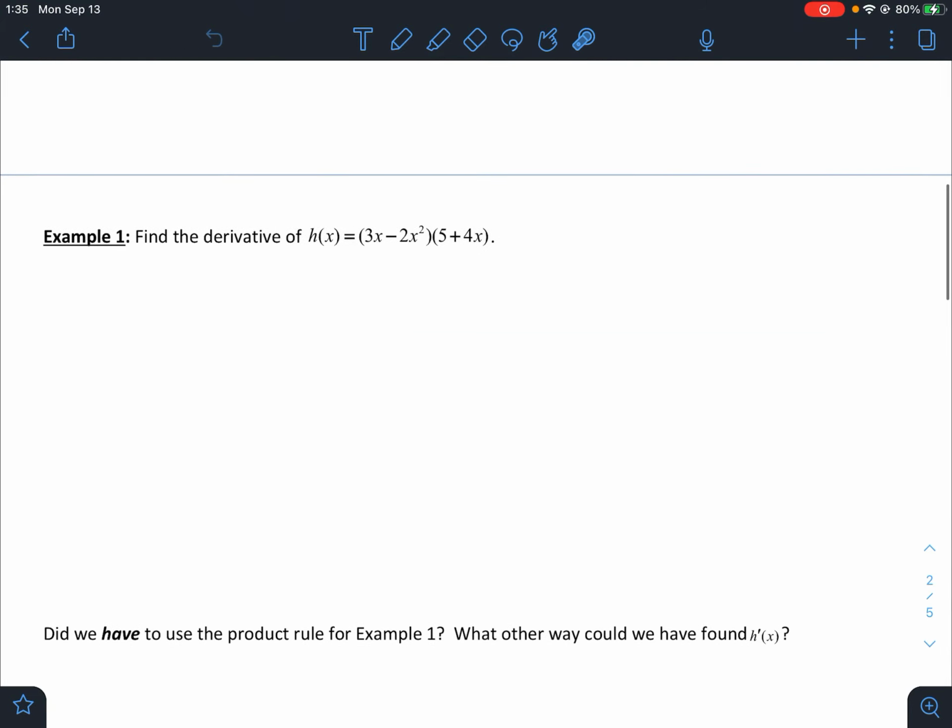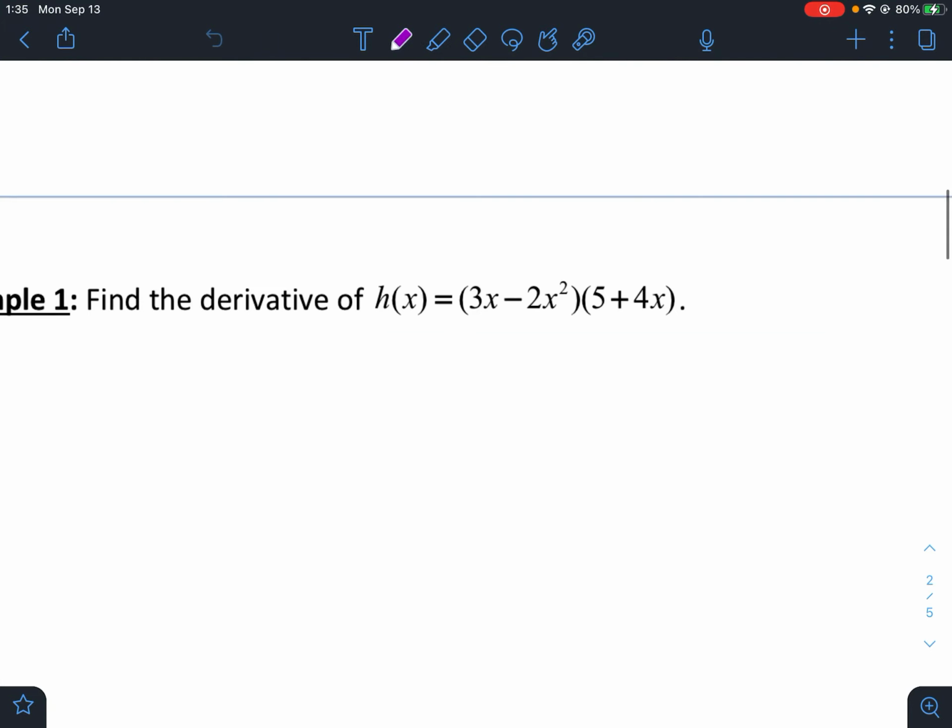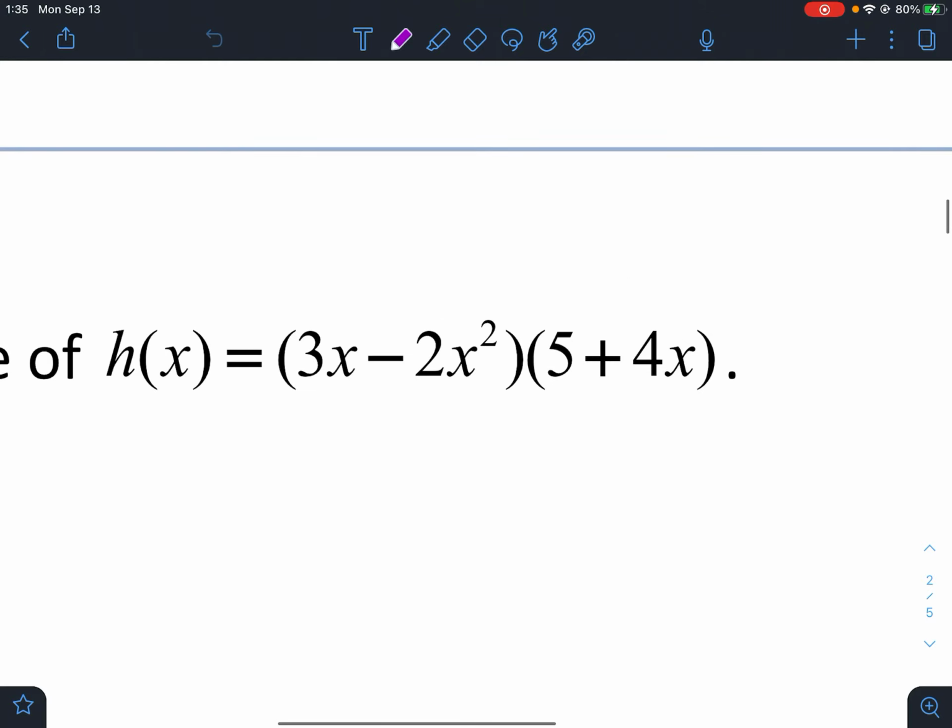So let's take a look at how one of these is done. It says find the derivative of h. You can see we have two functions that are multiplying each other. Here's the first function, and here's the second function.